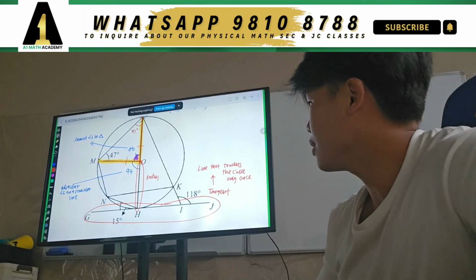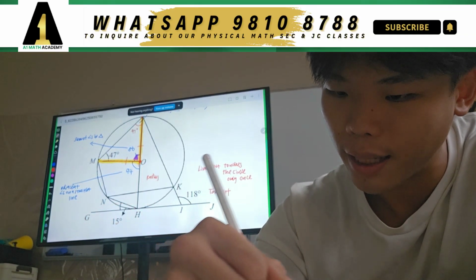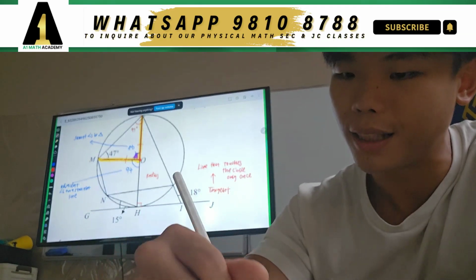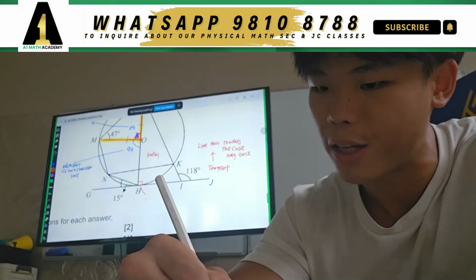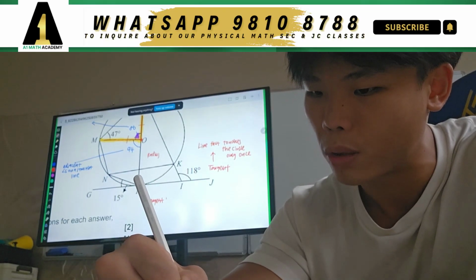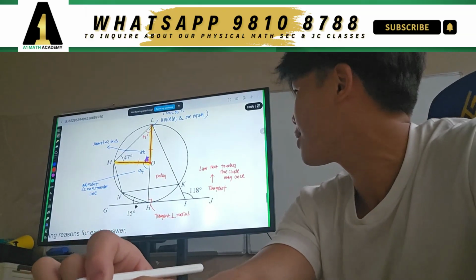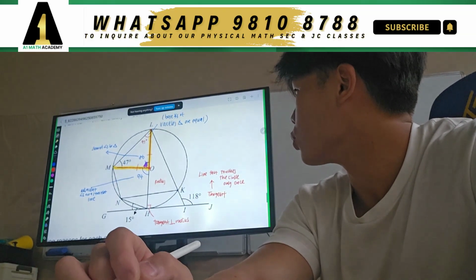If I have a radius here and a tangent here, what does that make this angle? 90 degrees. So this is another property. This is 90 degrees because a tangent is perpendicular to the radius. Tangent perpendicular to radius.